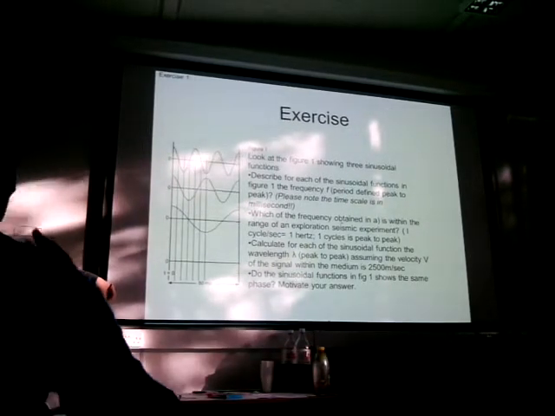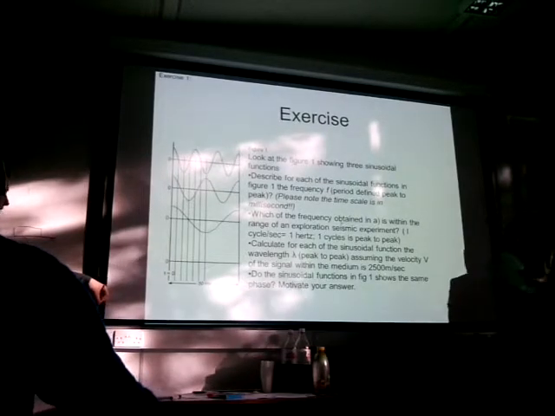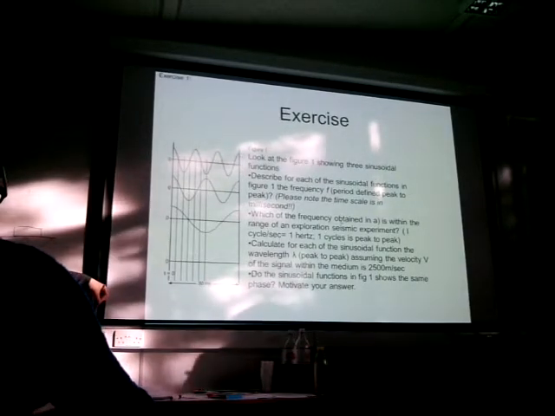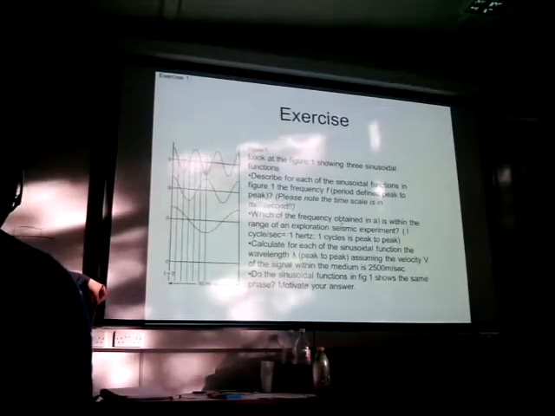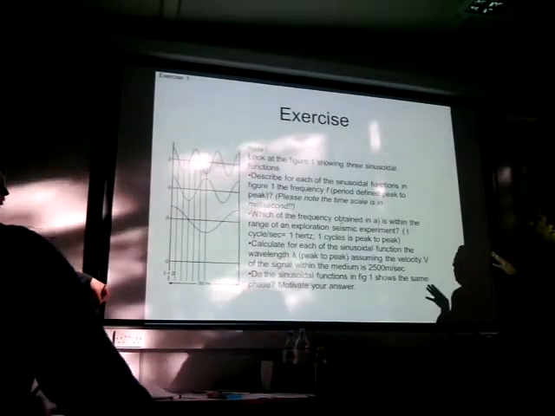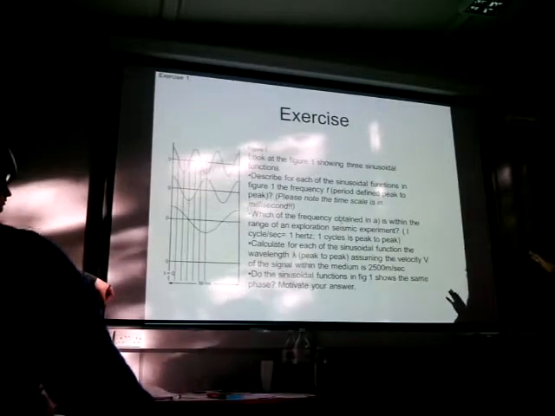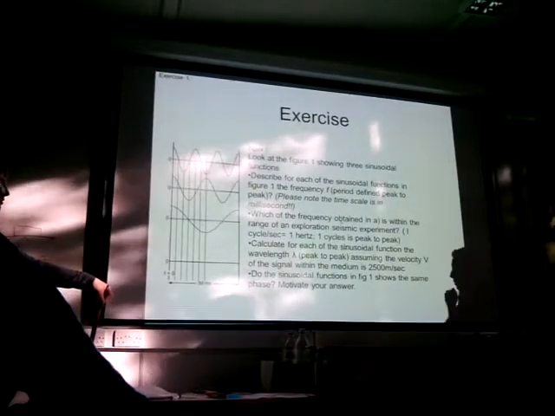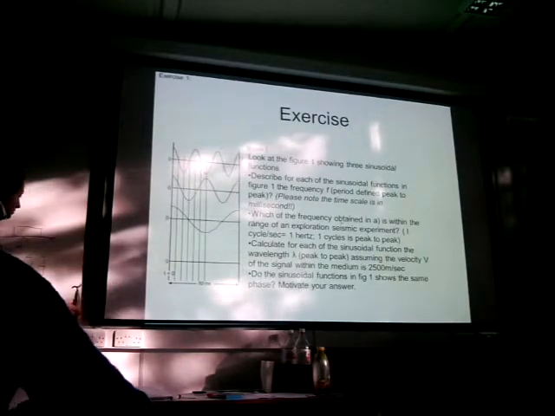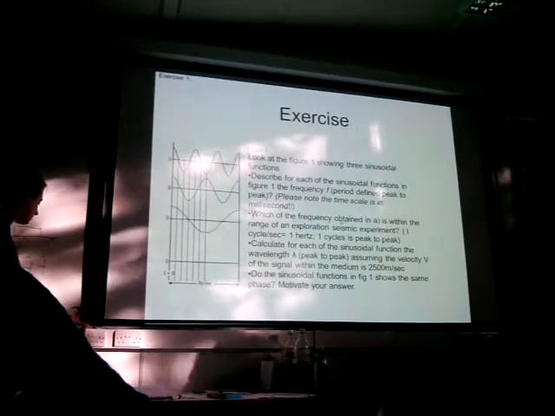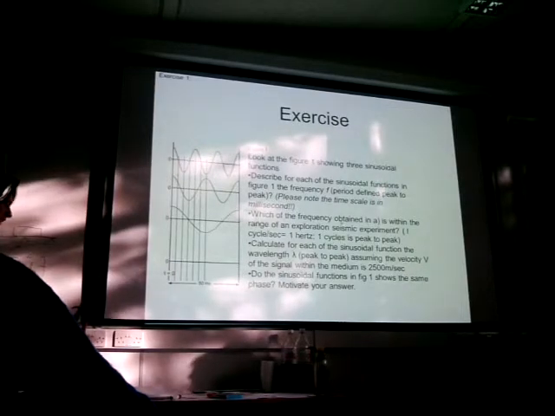Right. So it is clear how you calculate graphically a frequency having peak to peak, trough to trough. The second question is which of the frequencies obtained in A is within the range of an exploration seismic experiment? 60. Why not 40? All of them. Exactly.